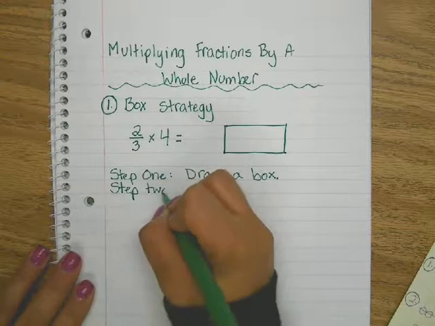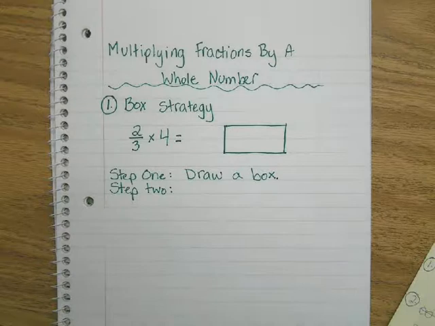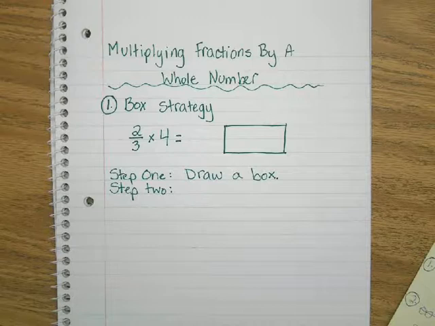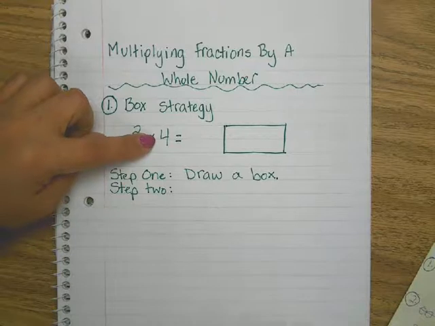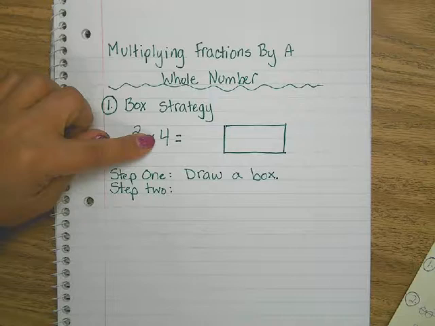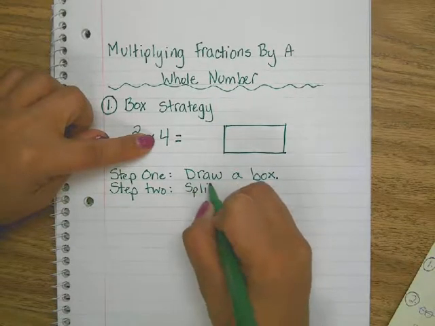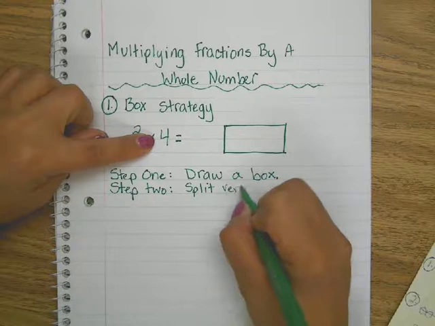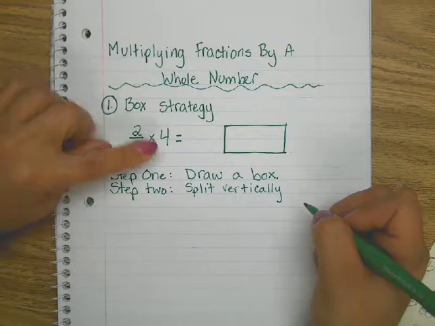Ethan? You cut the box and break it apart. Right. So, however many your whole number is, that's how many parts, and we're going to go vertical, right? So, I'm going to write split vertically according to the whole number.